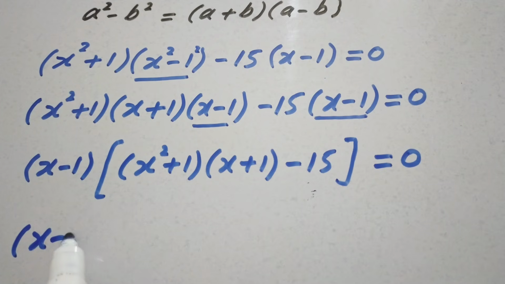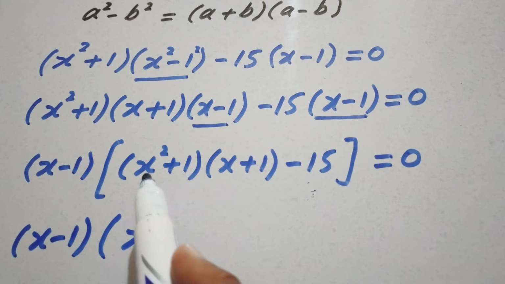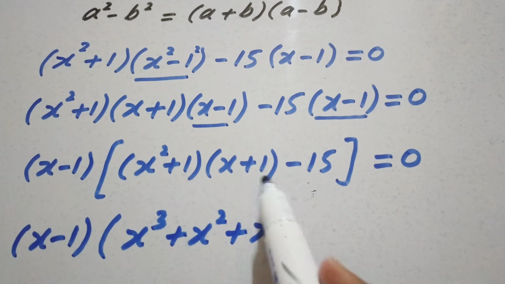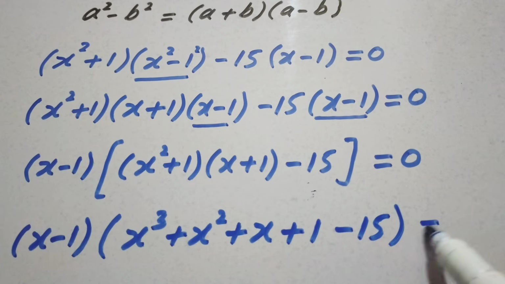Now x minus 1, and this we will multiply: x squared multiplied by x we get x cube, x squared multiplied by 1 we get x squared, 1 multiplied by x we get x, and 1 multiplied by 1 we get 1, minus 15, is equal to 0.